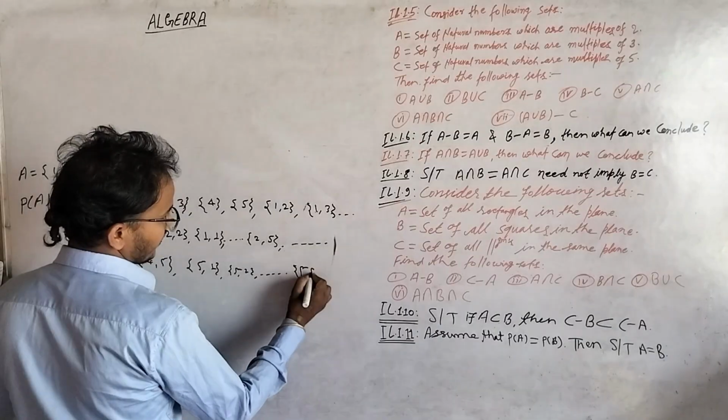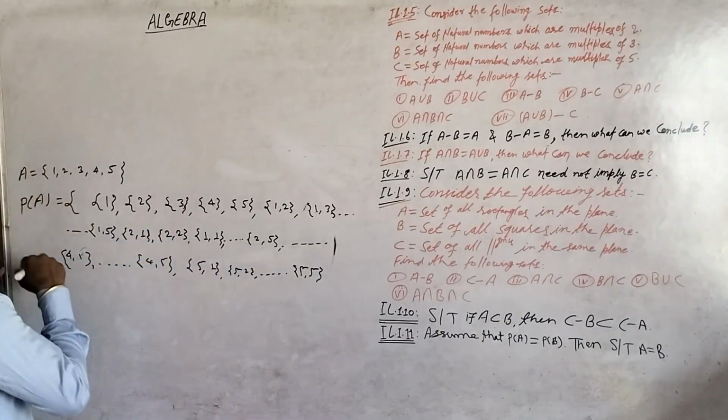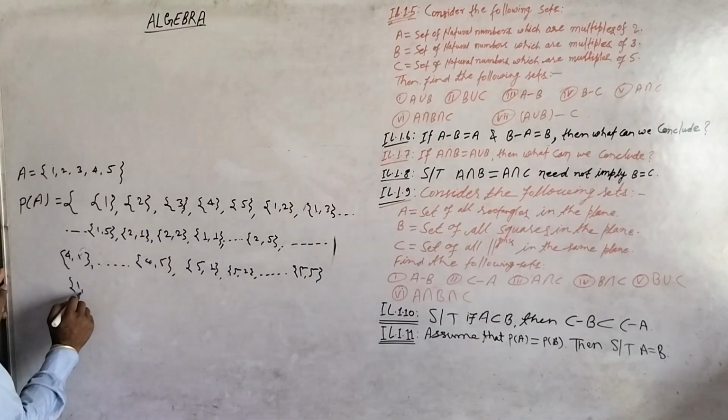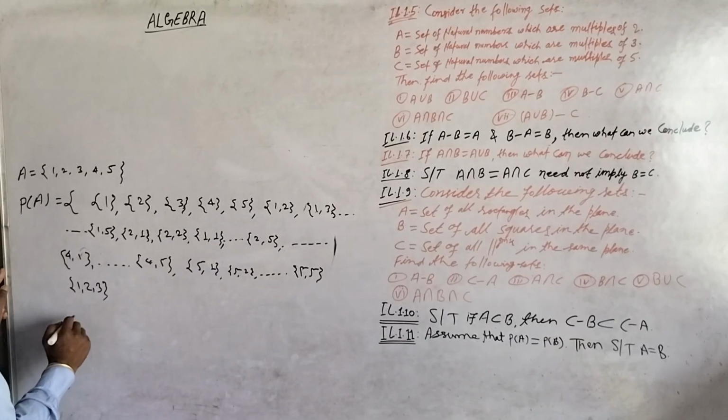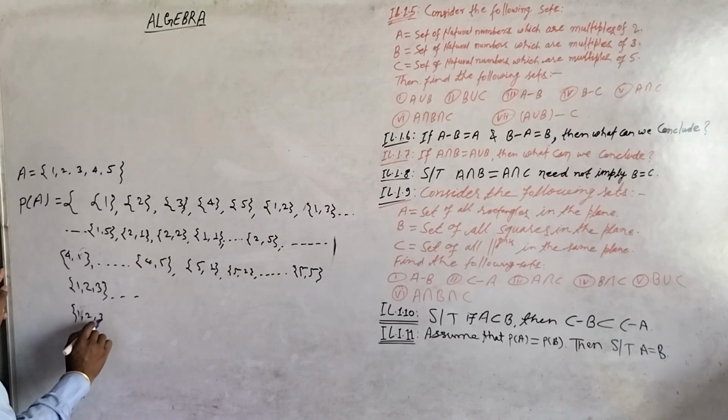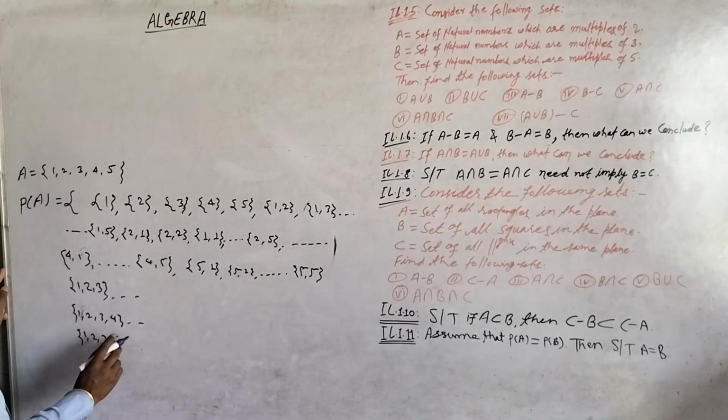For more elements, {1,2,3}, and for the fourth-element sets, {1,2,3,4}, and {1,2,3,4,5} is the last set.